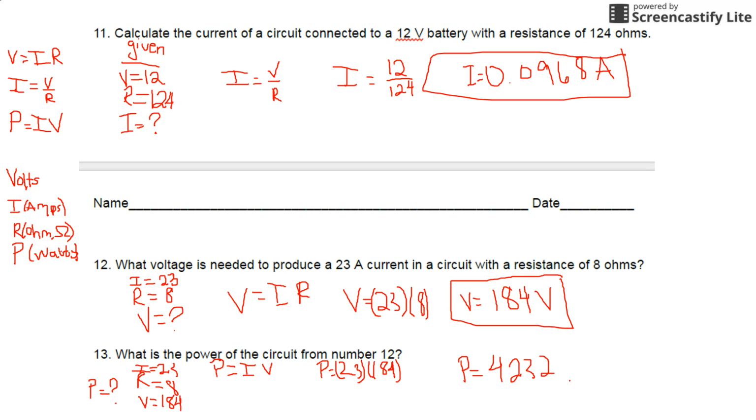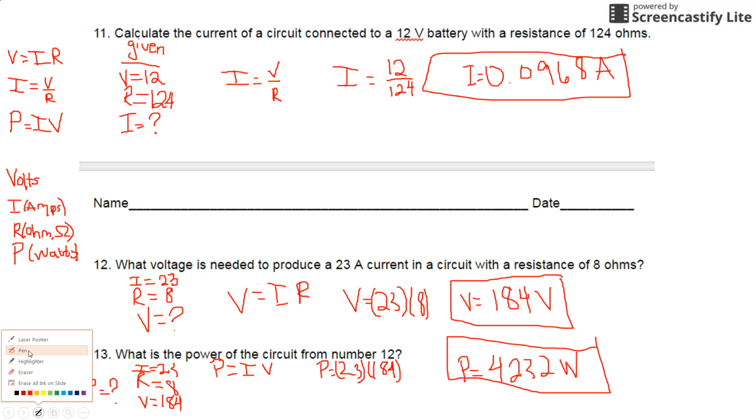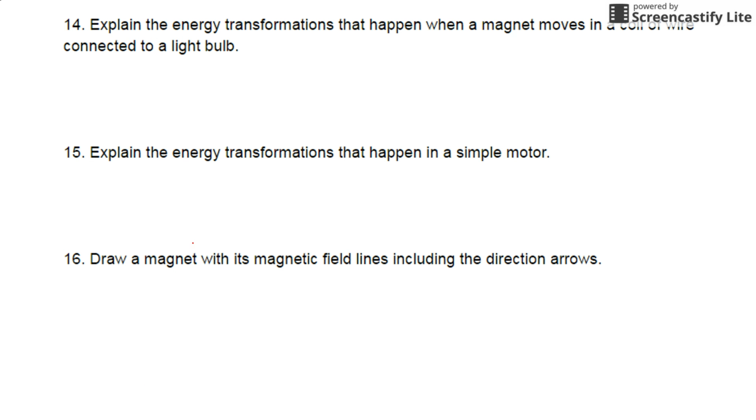Power is measured in watts. Okay, let's go to the next one.